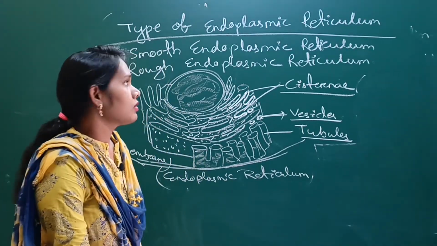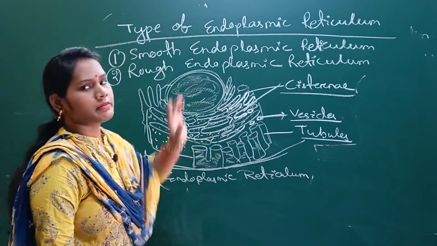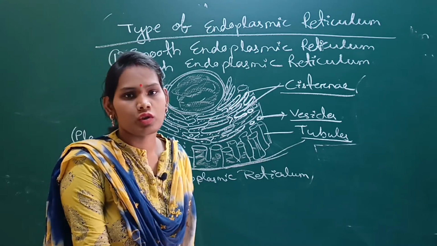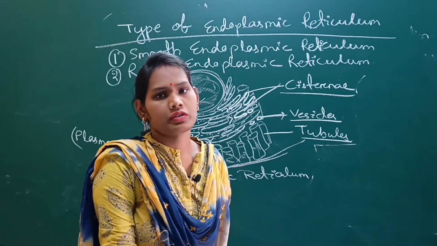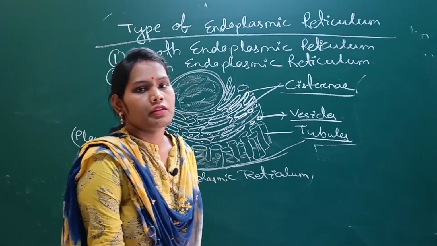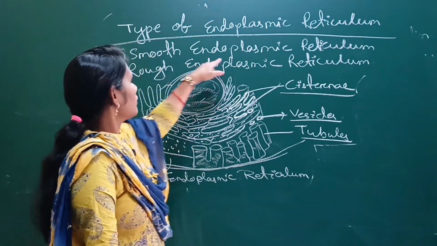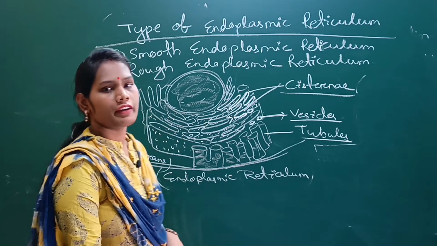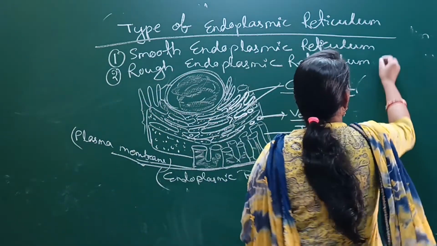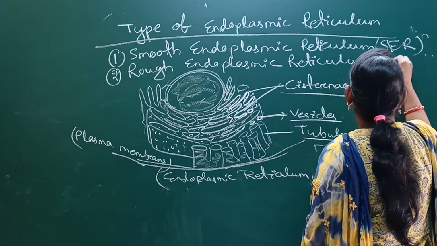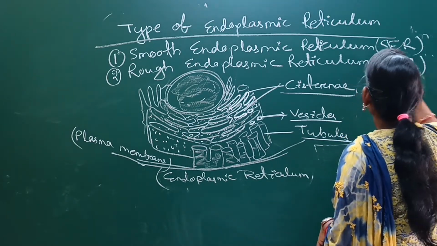So let's know about the types of endoplasmic reticulum. Basing upon the presence and absence of ribosomes, which are granule-like structures, endoplasmic reticulum is divided into two types. One is smooth endoplasmic reticulum and another one is rough endoplasmic reticulum. It is also called SER, or RER.